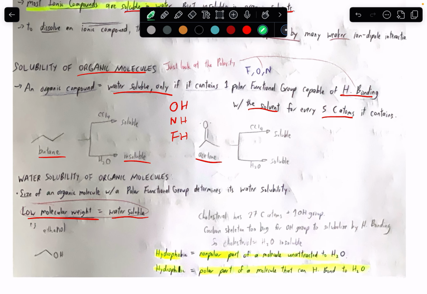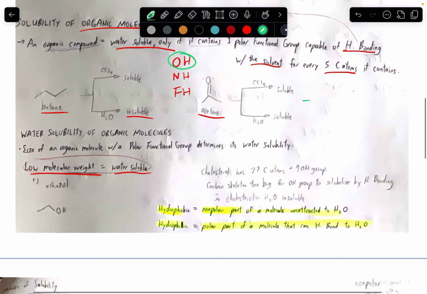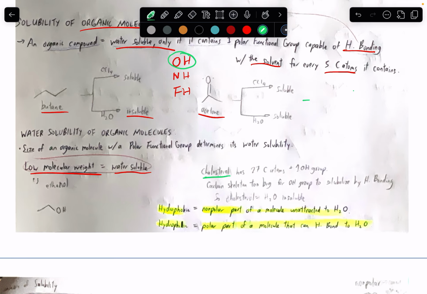and sabihin natin we only have just an alcohol group, parang the capacity is ma-overextend in a way. Para siyang ratio. So if we have one alcohol group, this can only cater to 5 carbon atoms. I hope that makes more sense. Kapag dalawa, edi 10 carbon atoms. Parang ganun. But kasi, in the case of cholesterol, we only have one OH group.